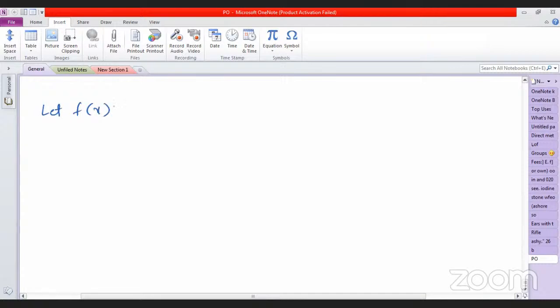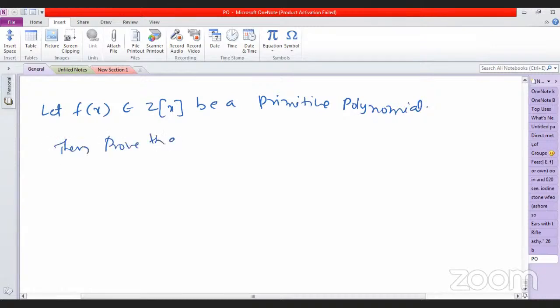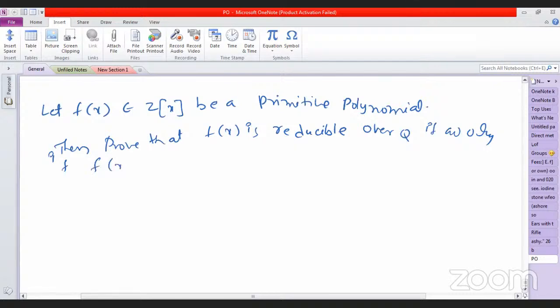Let f of x belonging to Z of x be a primitive polynomial. Then prove that f of x is reducible over Q if and only if f of x is reducible over Z. What is the meaning of irreducible?